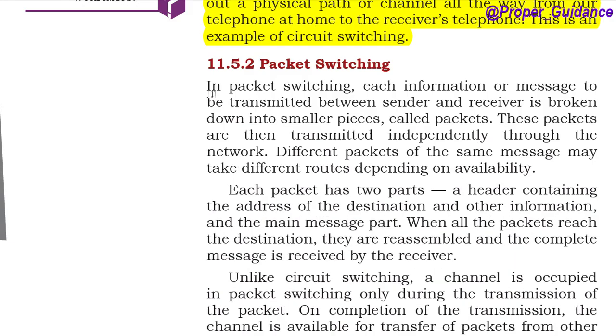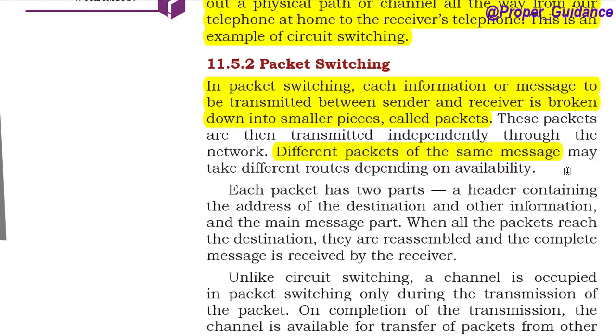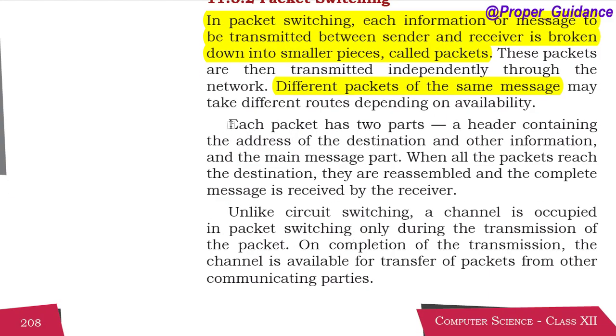And packet switching. In packet switching, each information or message to be transmitted between sender and receiver is broken down into smaller pieces called packets. These packets are then transmitted independently through the network. Different packets of the same message may take different routes depending on availability. Each packet has two parts: a header containing the address of the destination and other information, and the main message part.